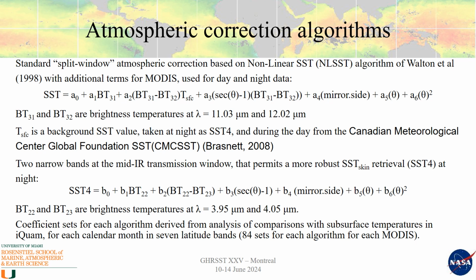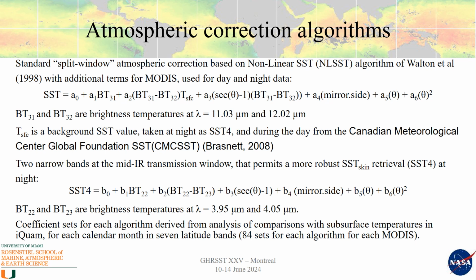To begin with, we used the background SST value taken from the NOAA Reynolds OI, optimal interpolation, SST fields, but after a period, the performance of the AVHRRs used to derive this OI field began to degrade, and we found that using the Canadian Meteorological Centre Global Foundation temperature was a much better estimate for the T surface for this algorithm.